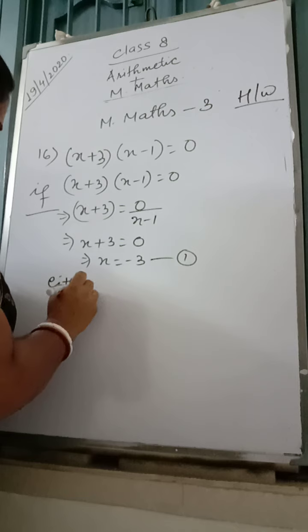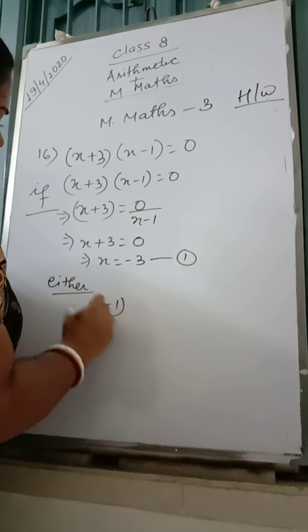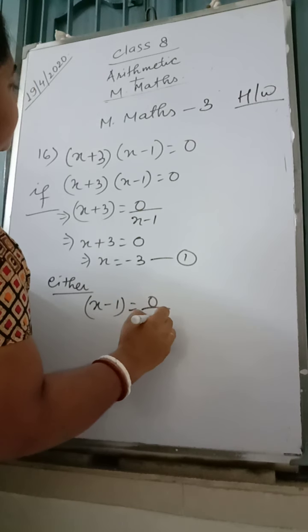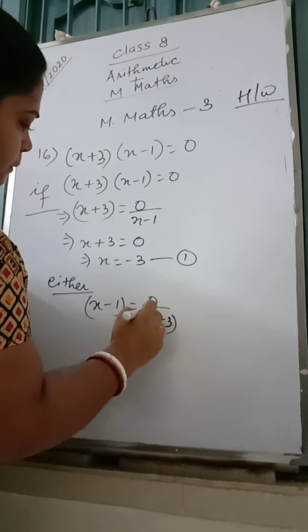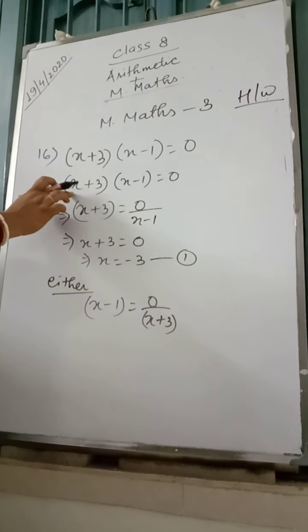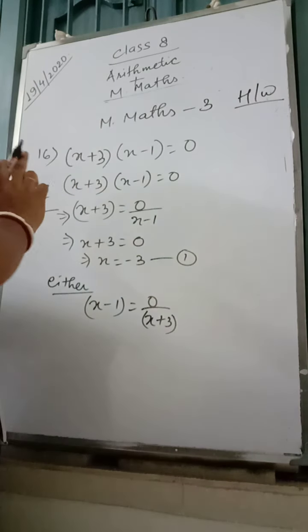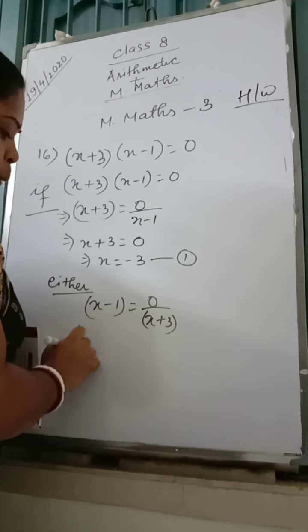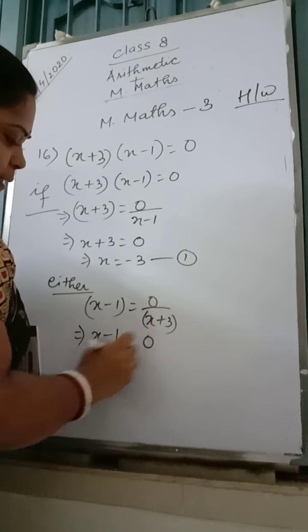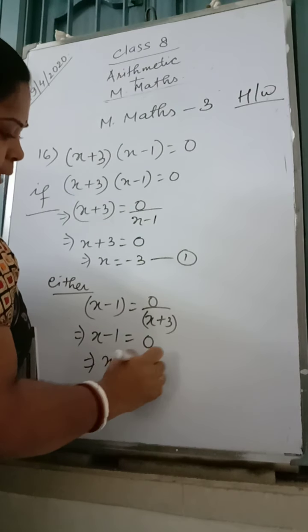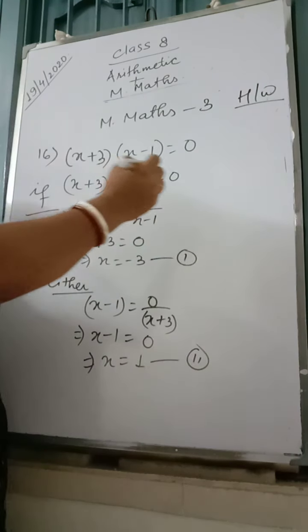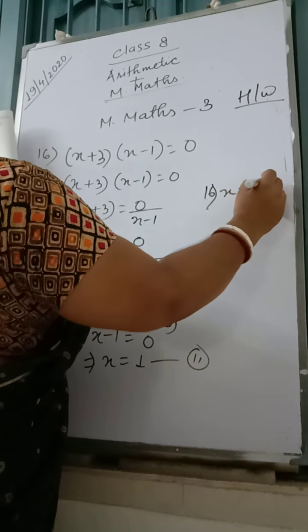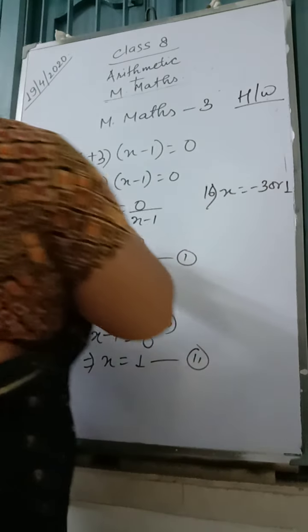Either x minus 1 is equal to 0 divided by x plus 3. The meaning is either this or this. One should be 0, then the product will be 0, when out of two numbers, one number is 0. So x minus 1 is 0, so x is equal to 1. So this is the second value. So for 16, the value of x is minus 3 or 1.